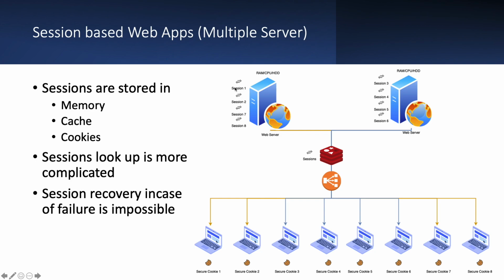That session ID has to be duplicated within the session cache, so that way we have session 1 here and session 1 here. Again, if, for example, client 3 wanted to log in, it will go through the load balancer. The load balancer decides it has to go to the second server. The second server will create a session ID, and that session ID will go to the cache as well.